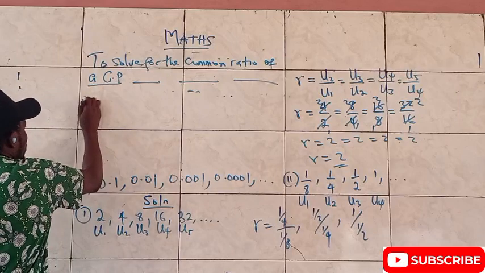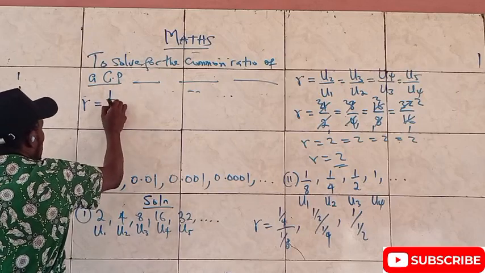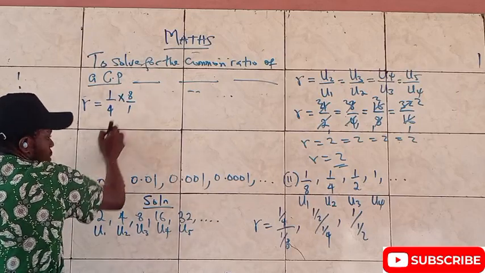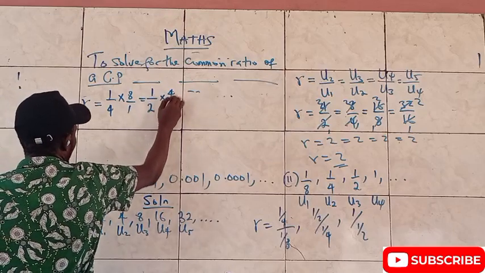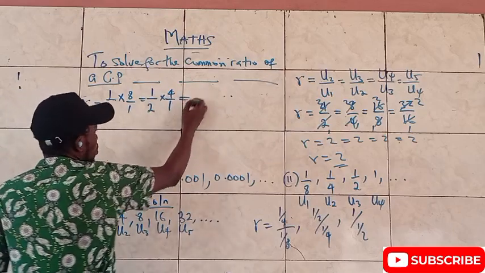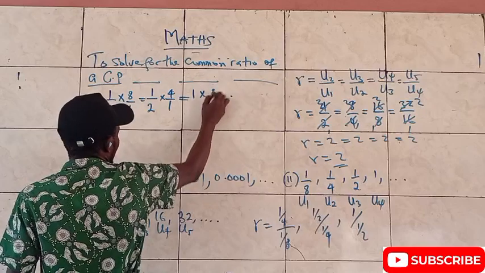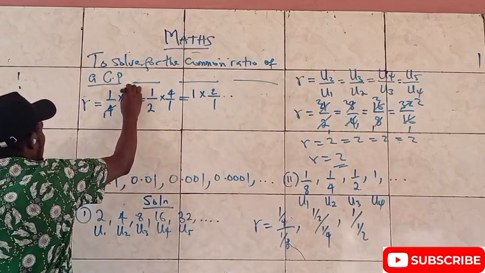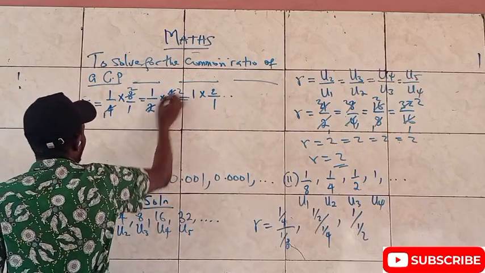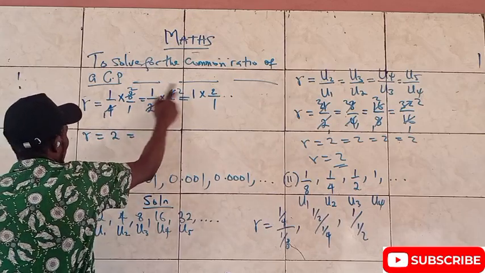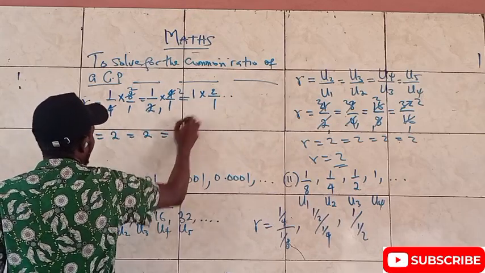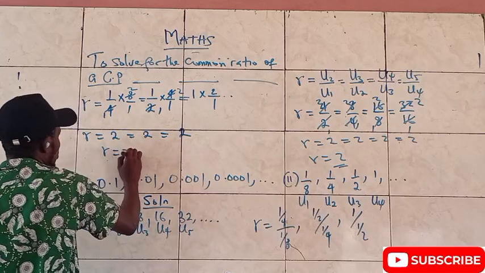I'm going to have my common ratio R equal to 1 over 4 multiplied by 8 over 1, which must equal 1 over 2 multiplied by 4 over 1, and must equal 1 multiplied by 2 over 1. So 4 here 1, 4 here 2, 2 here 1, 2 here 2. My common ratio equals 1 times 2 is 2, 1 times 2 is 2, 1 times 2 is 2. So my common ratio is 2.